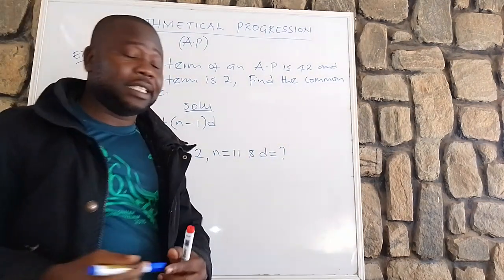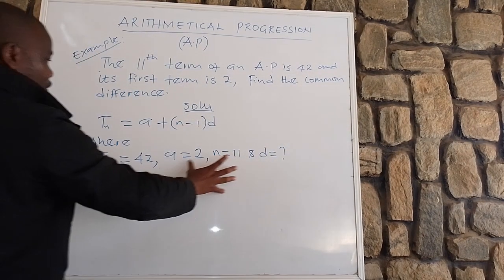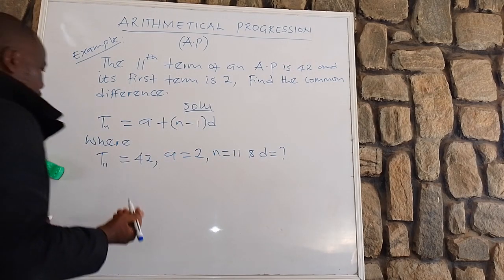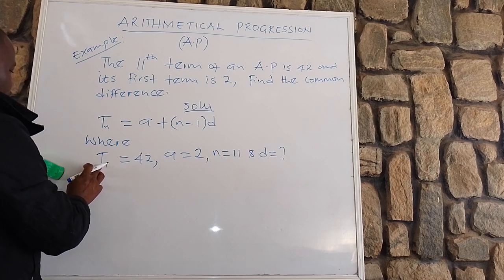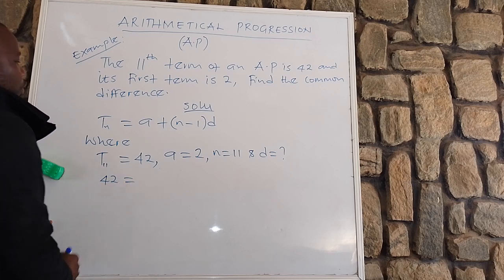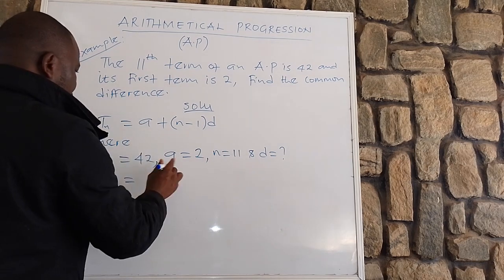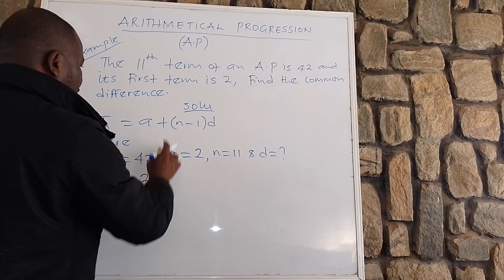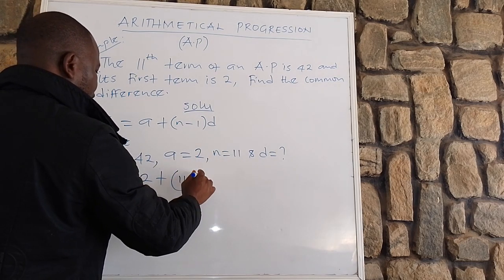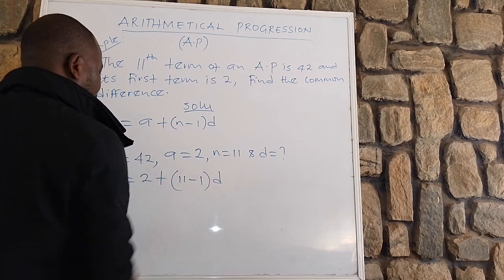So what you need to do is just substitute these values into the formula. Our 11th term, 42, will now equal our a, which is 2, plus open bracket n, which is 11, minus 1, times the common difference, which is unknown.